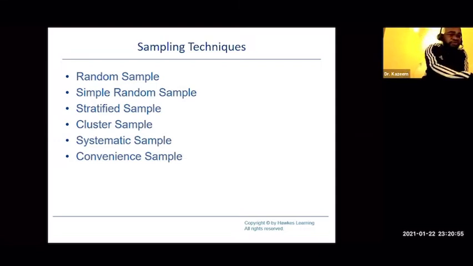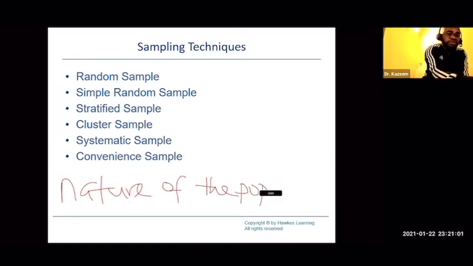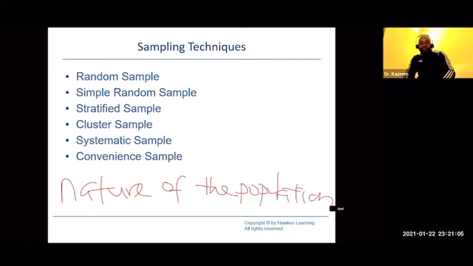I'm going to write that down: nature of the population. The population could be homogeneous or heterogeneous. When I say the population is homogeneous, it means there is a low degree of variability. When I say the population is heterogeneous, it means there is a high degree of variability.